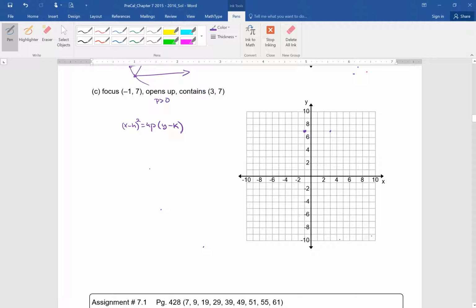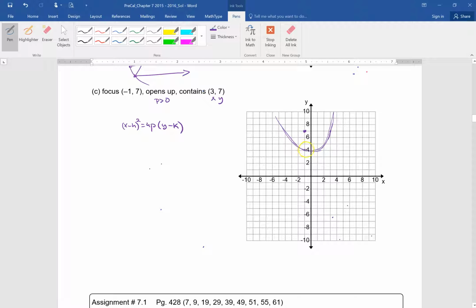Or I would say opens left, right, and so on. If it contains that point, it's not h and k, it's x and y. So we plug everything in. Now, if that's the focus and this opens up, then it looks something like this.